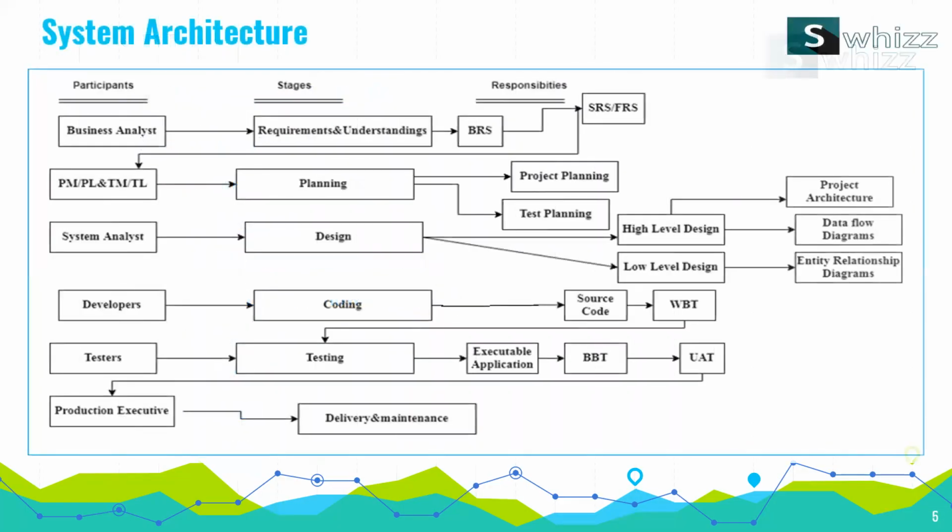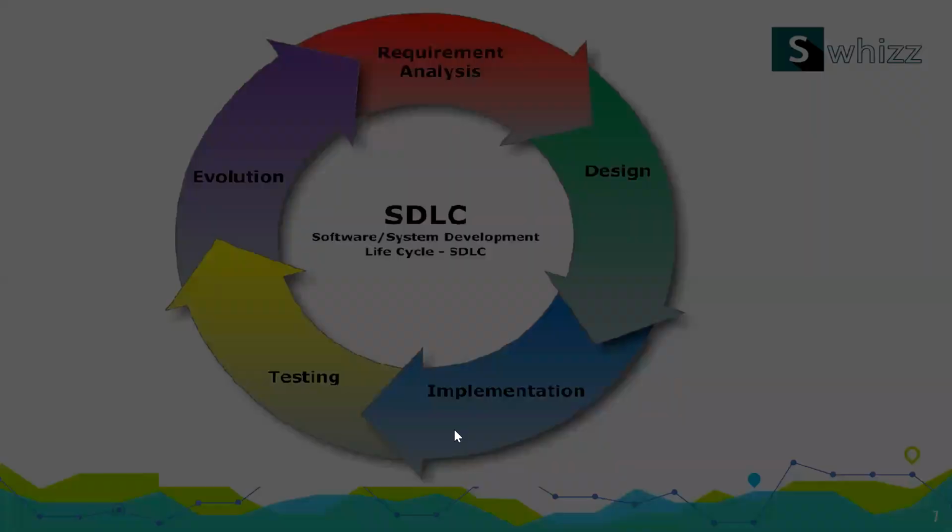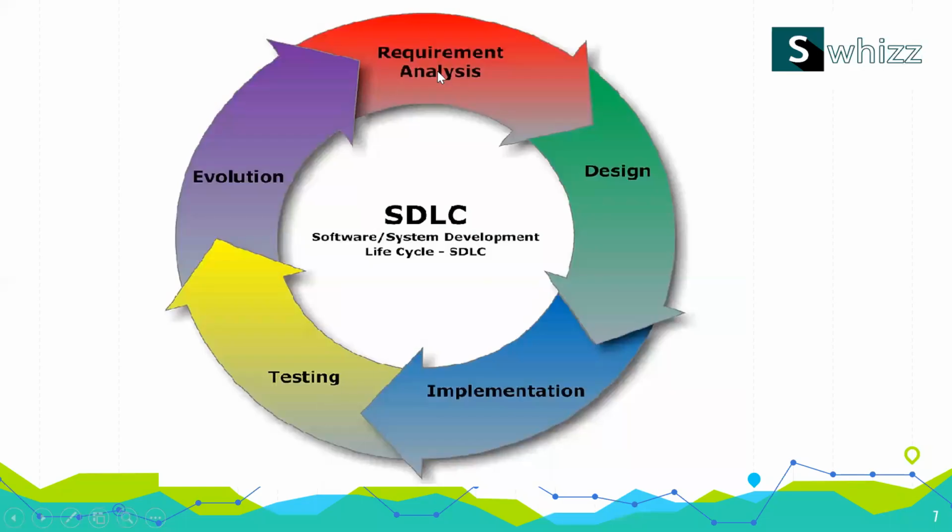So what are the different SDLC phases? You can remember them simply: requirements and understanding, planning, design, coding, testing, and delivery and maintenance. This can also be seen as a cycle: requirements analysis, later designing, where the system analyst prepares high level and low level documentation.